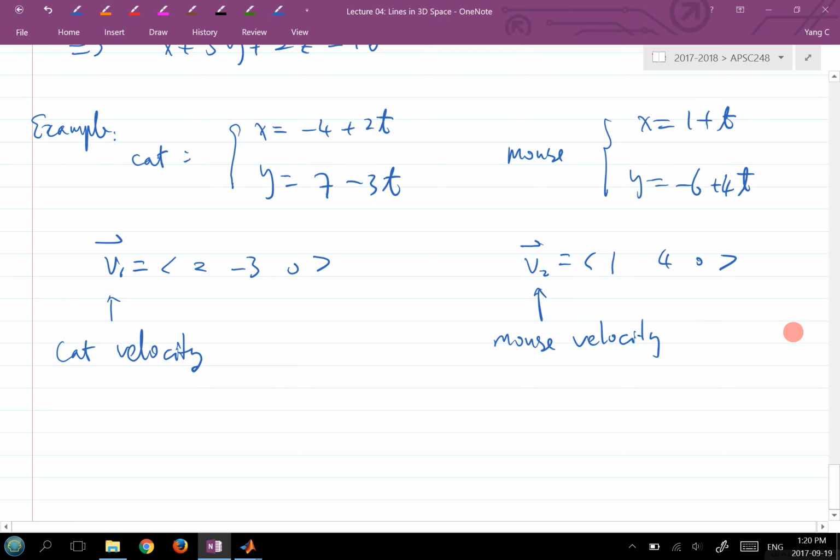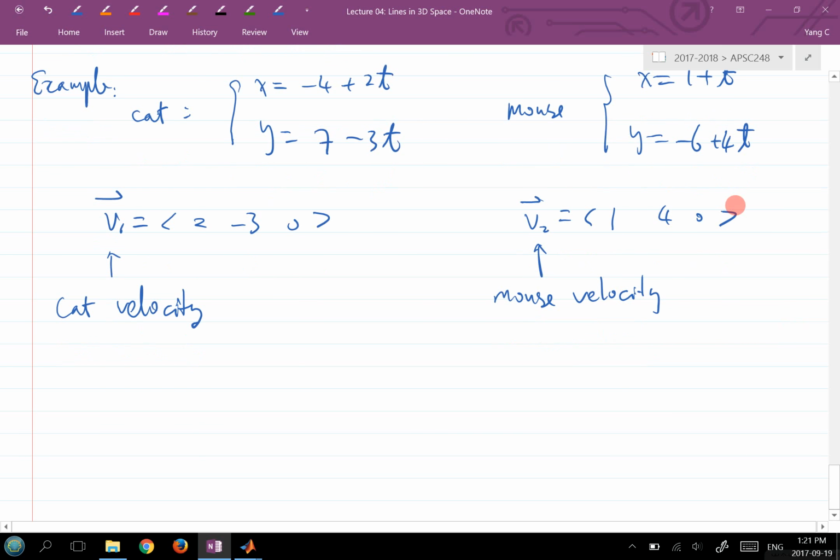You establish the right idea, and that helps you immensely in solving the following question. Let's put in another perspective, looking at the equation. Remember the first column, -4, 7, 1, -6. We think of this as a point on the line.